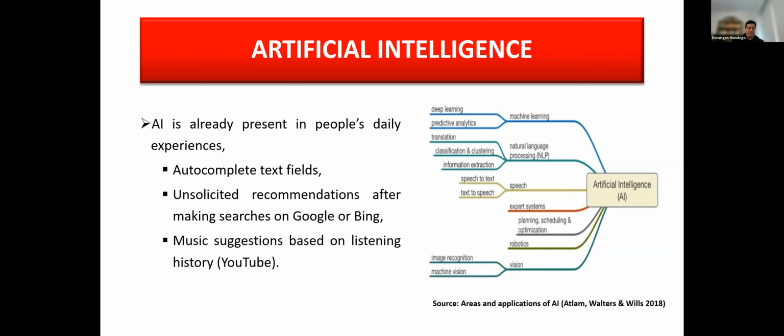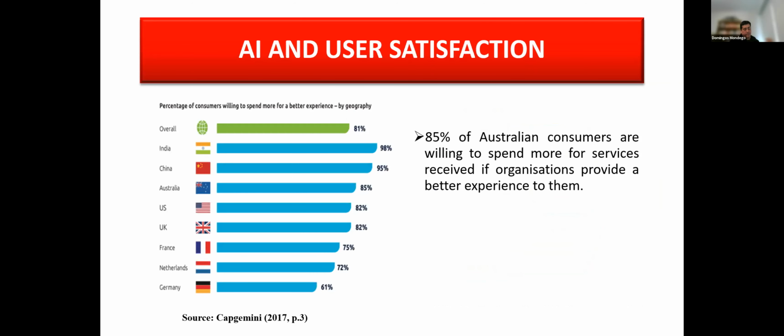But how can it be used to enhance user satisfaction? A good illustration of how AI could be used to improve services is that 85% of Australian consumers are willing to spend more for services received if organizations provide a better experience to them.